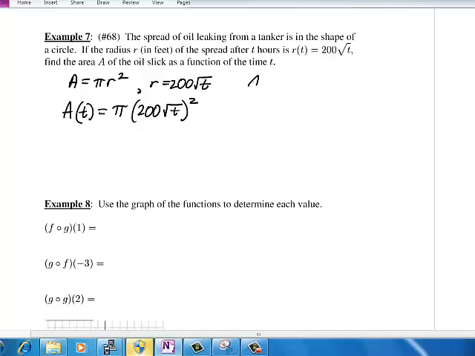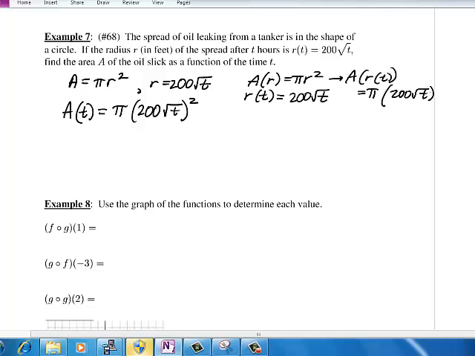Better yet, I could write area as a function of r is pi r squared, and r as a function of t is 200 square root of t, so I'm focusing on what my inputs and outputs are. And then I would have a as a function of r as a function of t, when I compose them, would be pi times 200 square root of t squared.